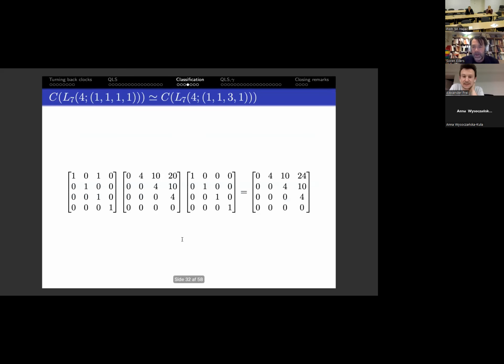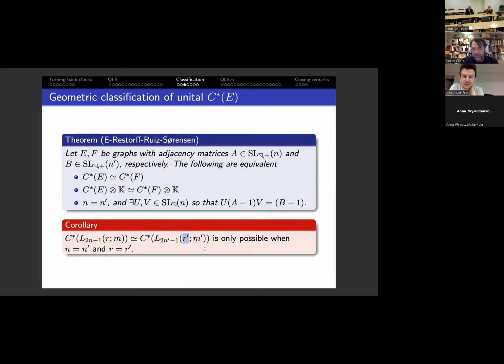And you say the first result only works for the primary coefficient or something. So it is possible to find two quantum lens spaces in the generalized form of Brzezinski and Szymanski, which are isomorphic even though they have different dimension and different r.